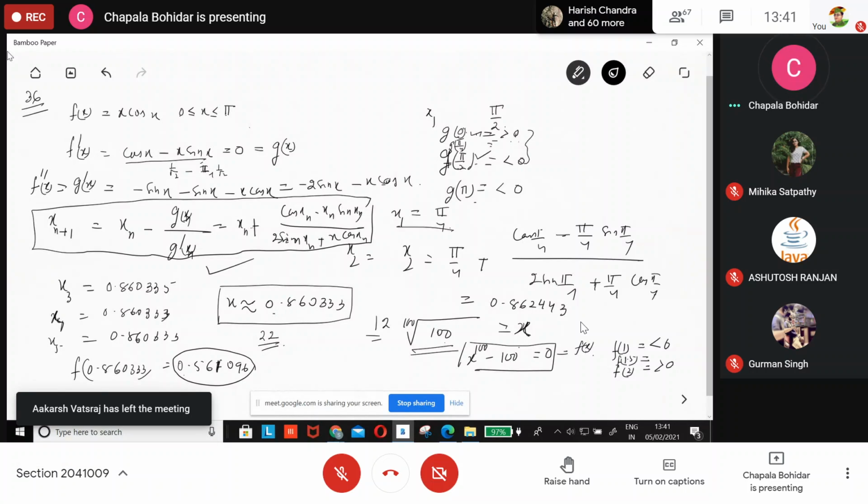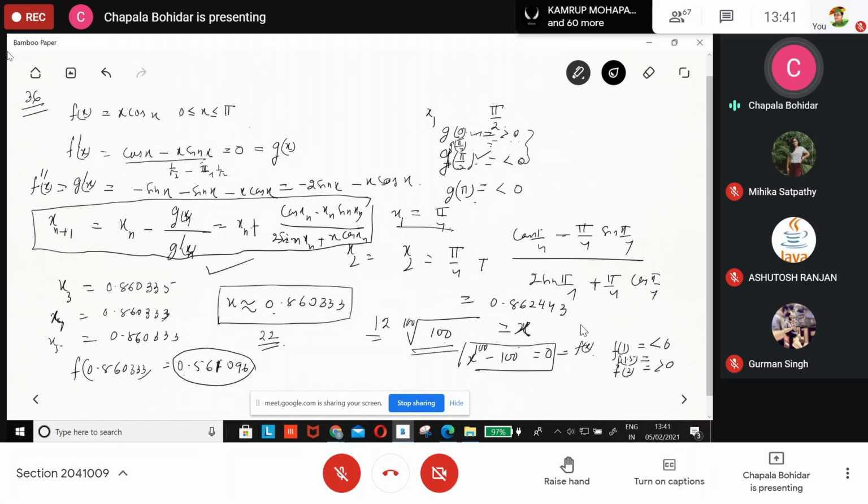Take it, f of 1.5. It is positive. So 1 to 1.5: the root lies in between 1 and 1.5, isn't it?